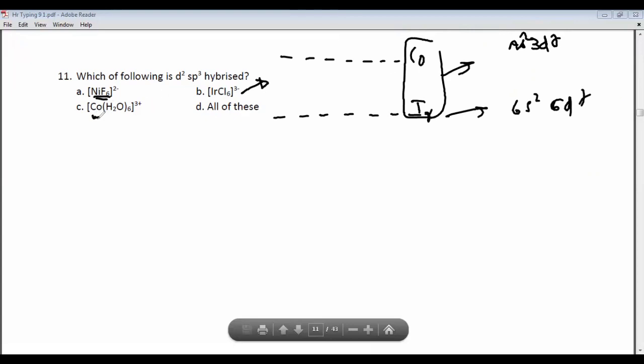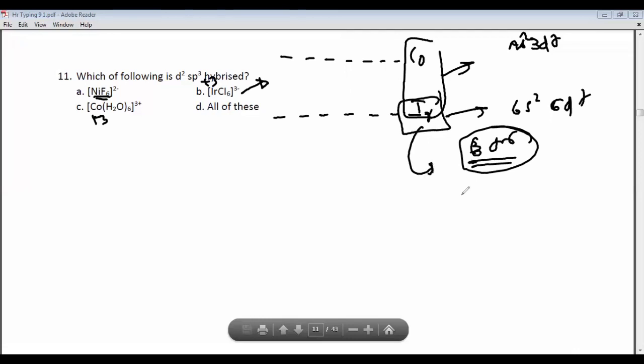So in these two cases, they drop 3 electrons and become d6. This is a heavy transition metal. It always pairs the electrons. Whatever the ligand, whether strong or weak, it can always pair since it is a heavy metal.